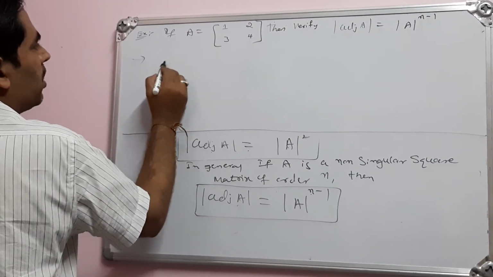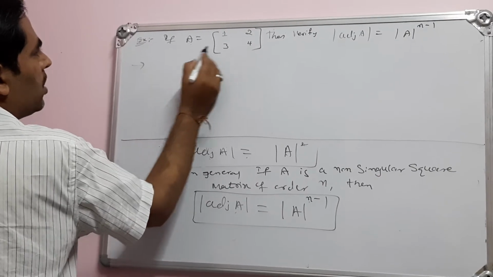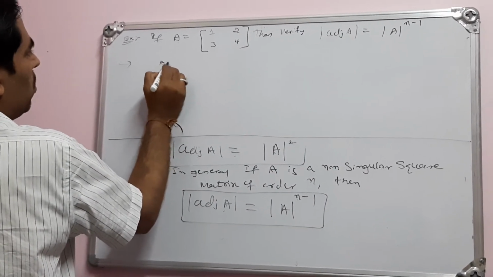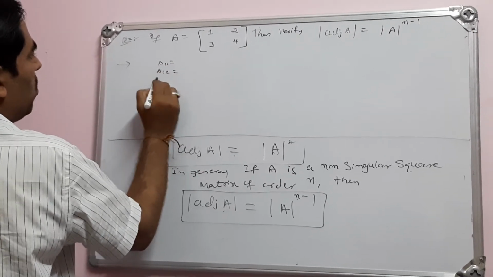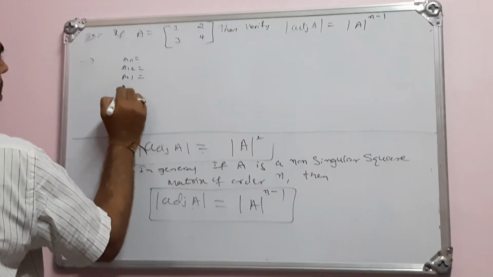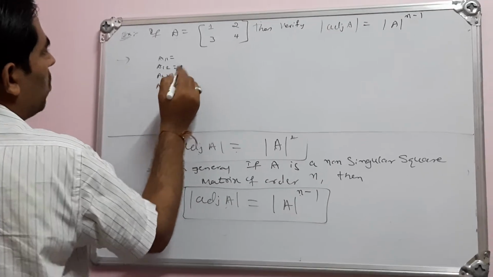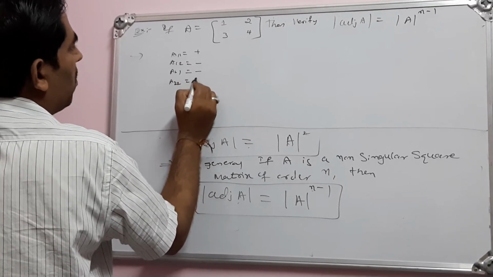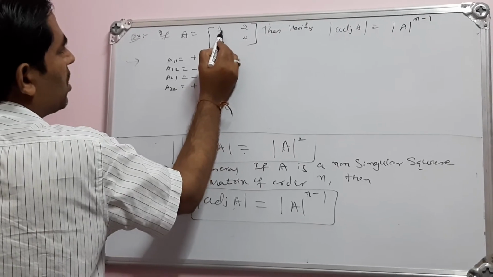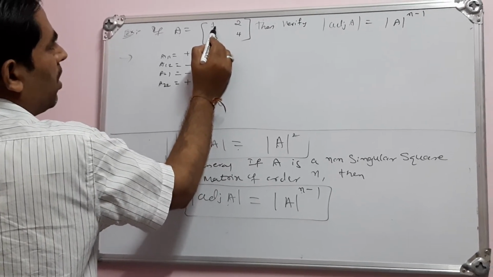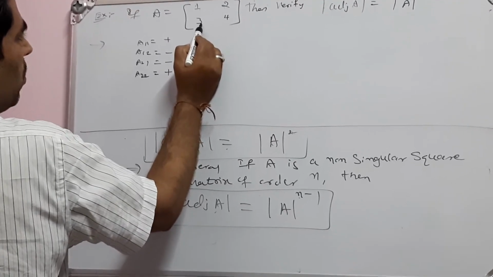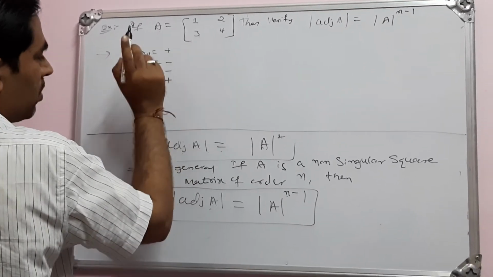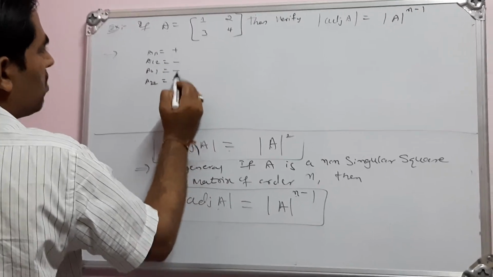So here the matrix is given. We have to find the adjoint. Adjoint means we have to find the cofactors: A11, A12, A21, A22, with signs plus, minus, minus, plus.